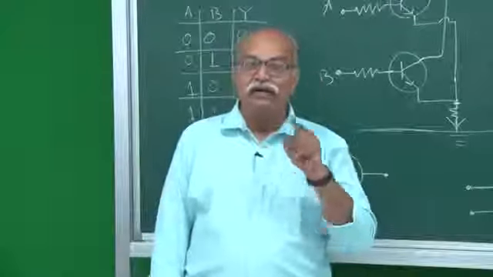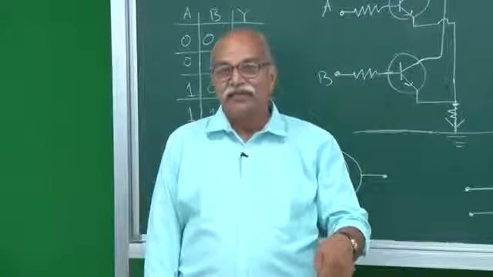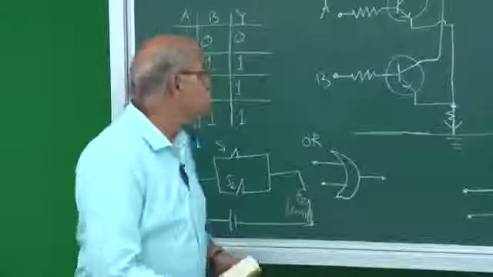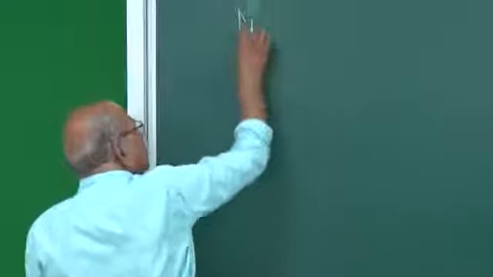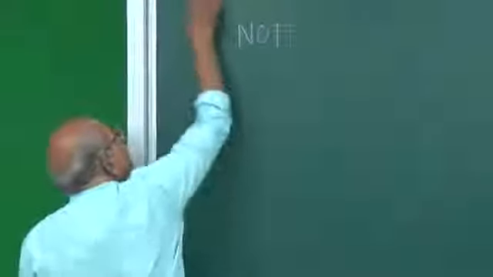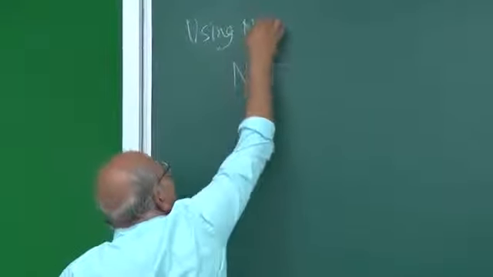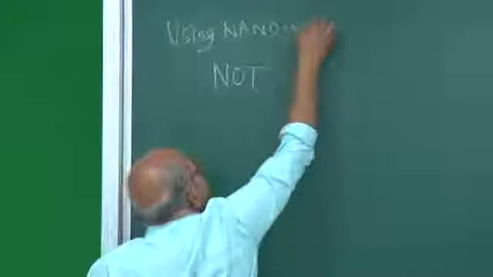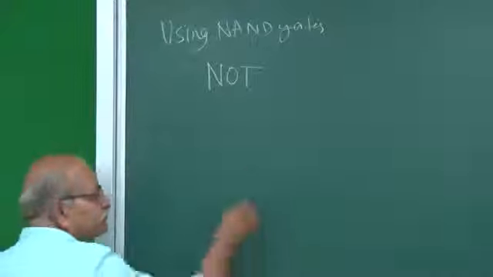So let me show how NAND gate can be used to form the three basic gates, NOT, AND, and OR. First, let us try to make this NOT gate, everything using NAND gates, and pretty simple.